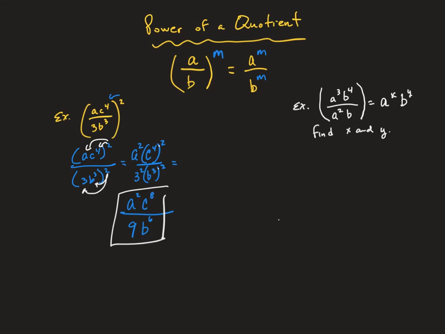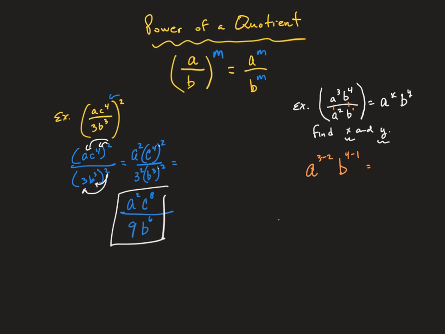And continuing on, what could my x and my y values be in this example? So I have a to the third, b to the fourth over a to the second, b. And I can just do some simple simplification here. So for my a's and my b's, I'm going to have a to the third minus 2 times b to the fourth minus 1, right?